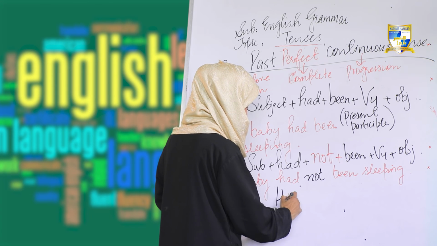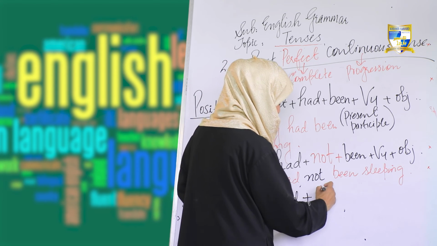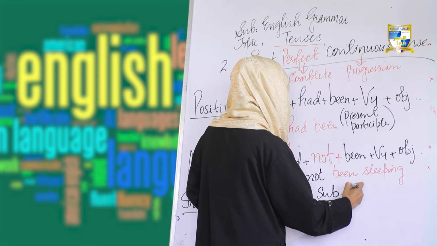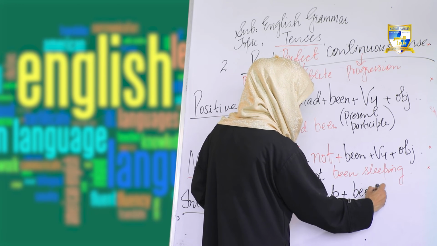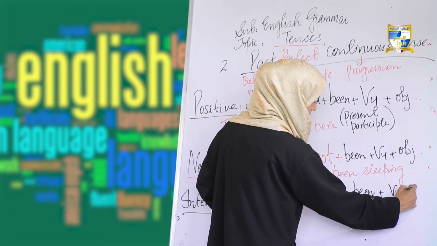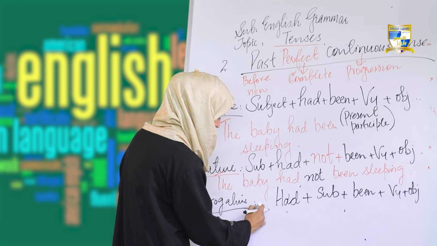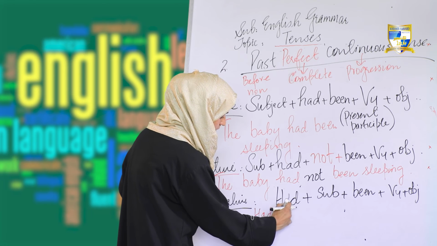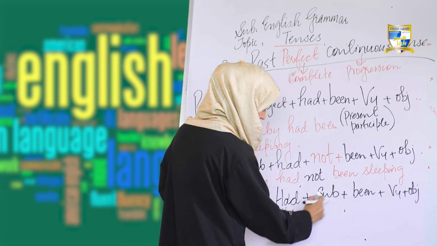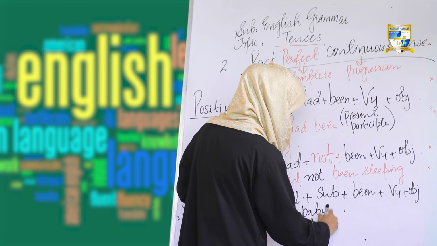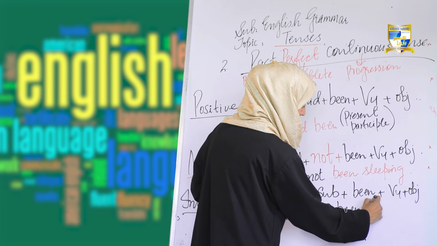Had plus subject, been, then verb plus ing, and then object. The example goes like this: Had the baby been sleeping?